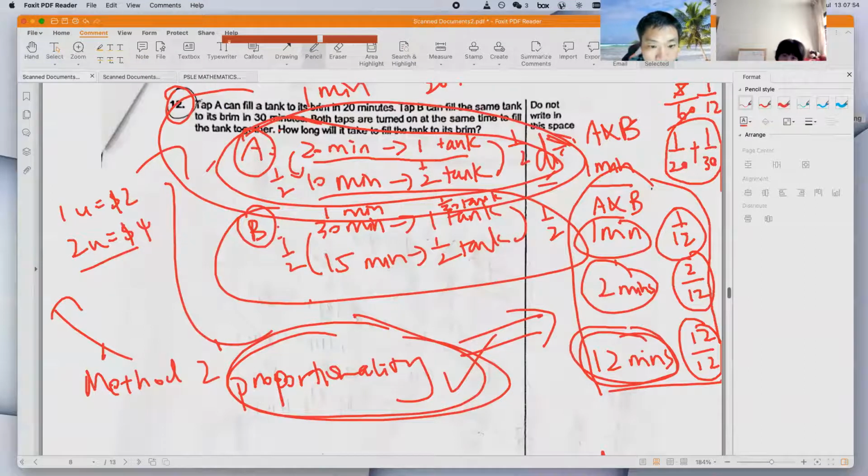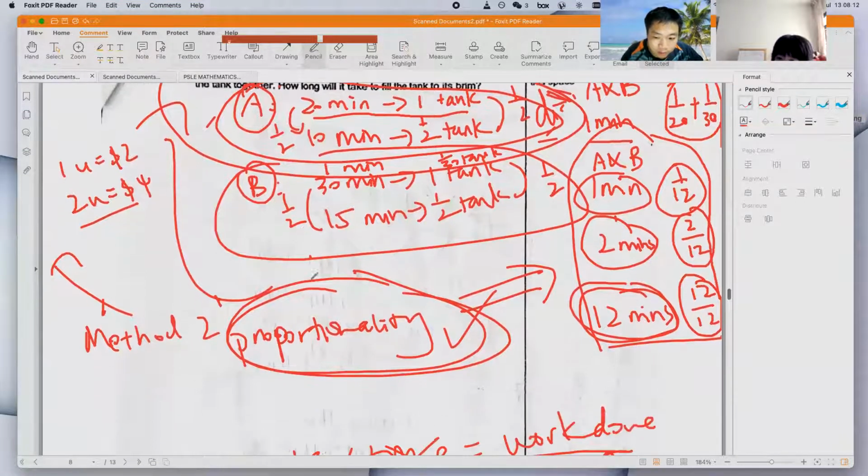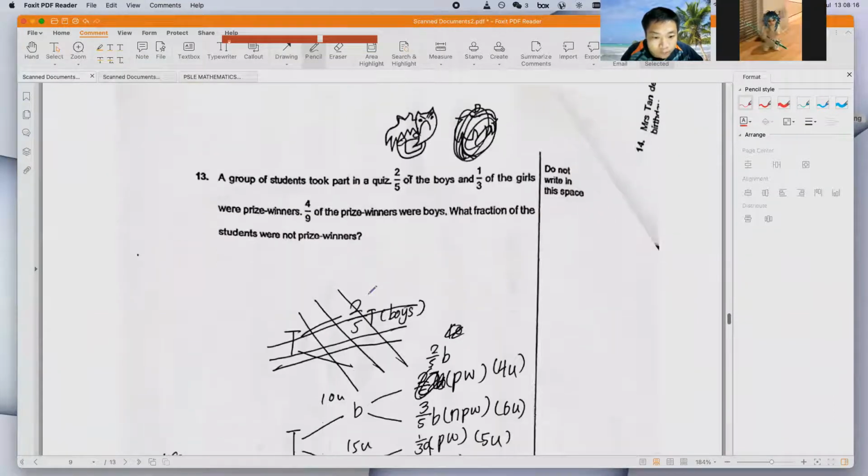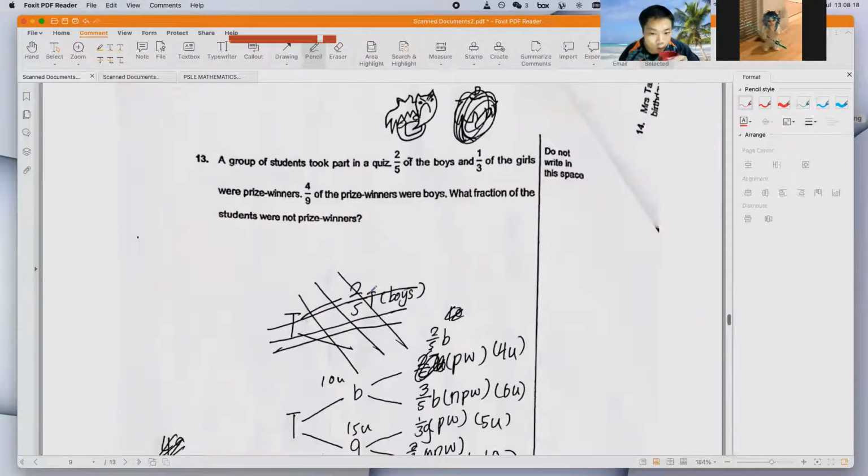Question 12 here. I've demonstrated two methods to you, and also to Nancy and Charmaine, so my students have the benefit of knowing these two methods. How come this year all my students are girls?